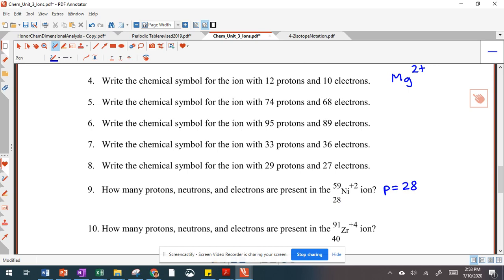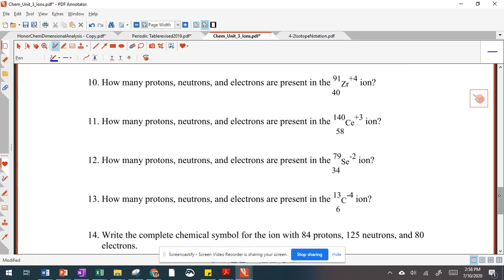The number of neutrons will be the difference between your mass number and your atomic number, so that's going to be 31. Since it's positive, you subtract 2 from your atomic number to get 26 electrons. That's what you do for 9 through 13.